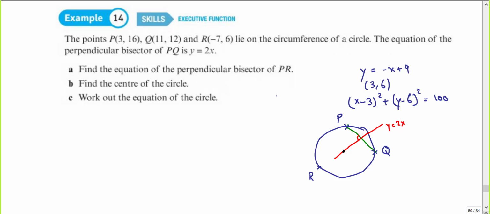Find the equation of the perpendicular bisector of PR. So they are talking about another perpendicular bisector. If we connect these 2 points, we have another chord. If we draw a perpendicular bisector here, it will look like this.